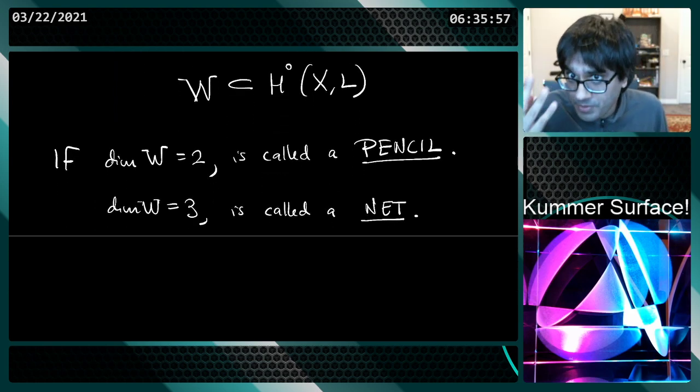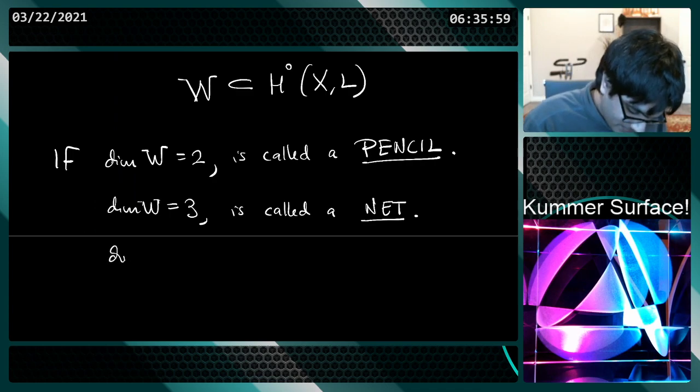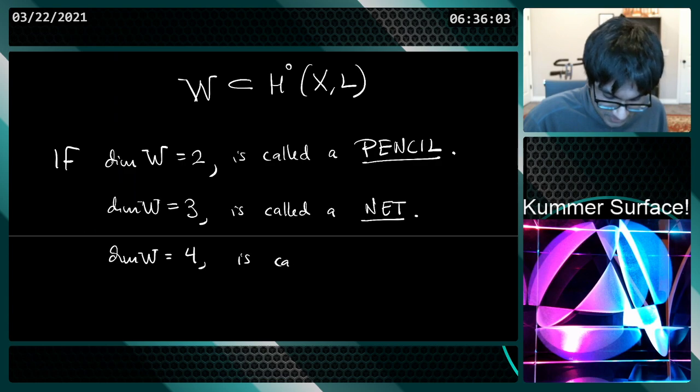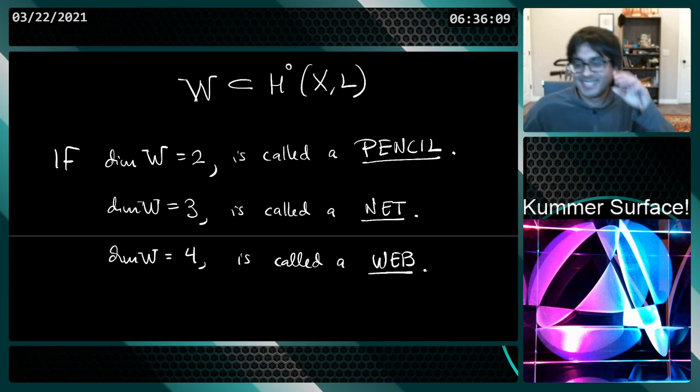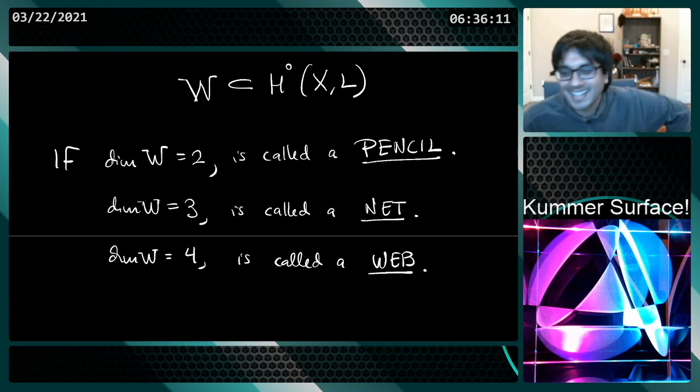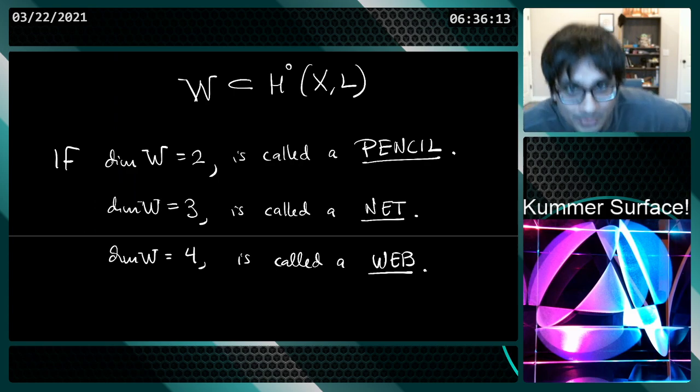And a four-dimensional space is called a web. All right, this is classical language.